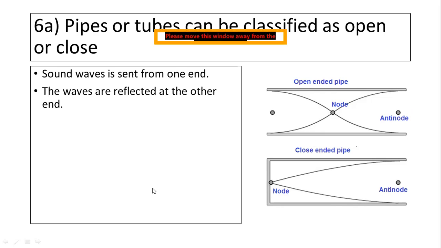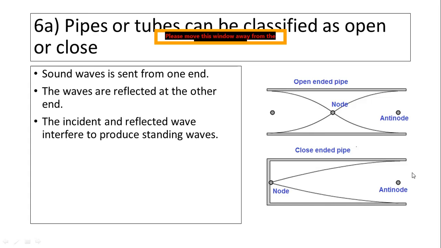The wave is reflected at the other end. This one, if we send it from the left, remember at this part there is a boundary between the pipe and the free air that can move. So it will be reflected back. Same thing, you send the progressive sound wave to the end there, it is reflected and then it returns.